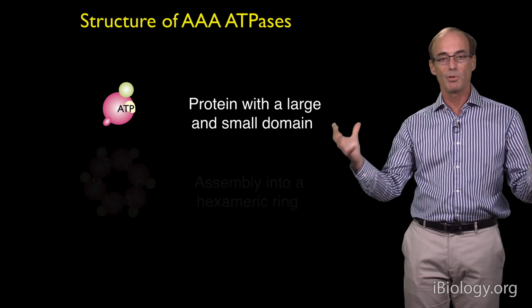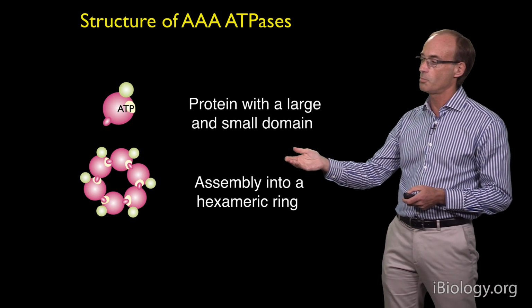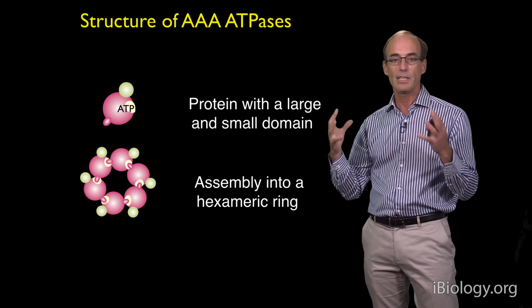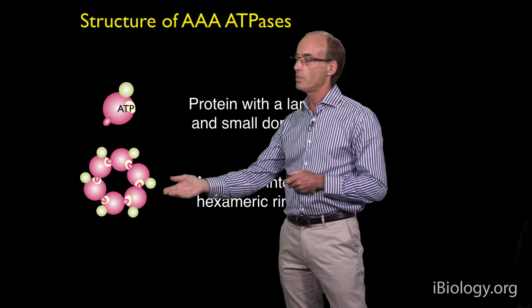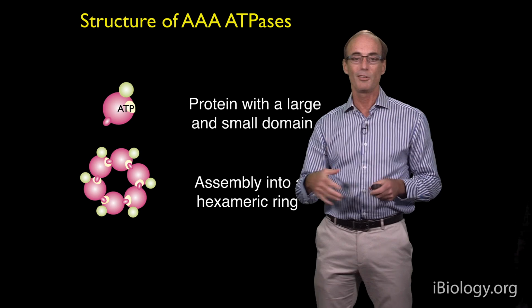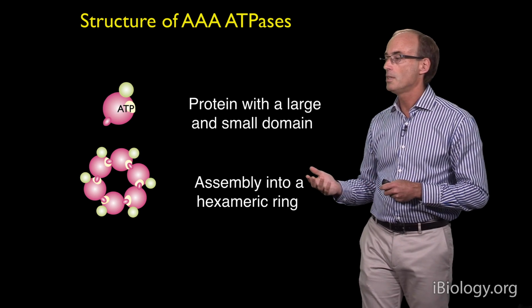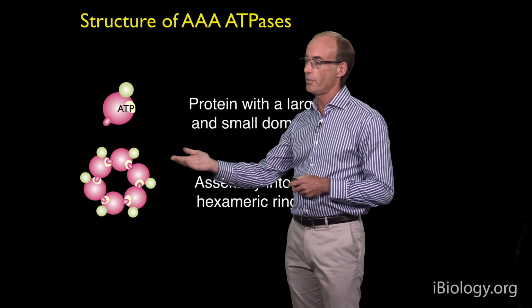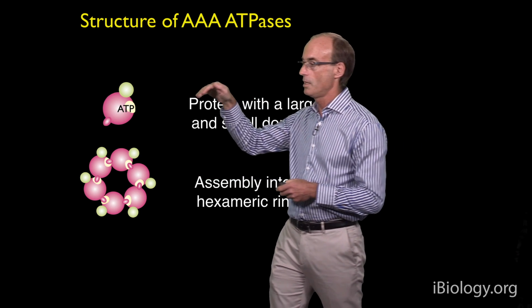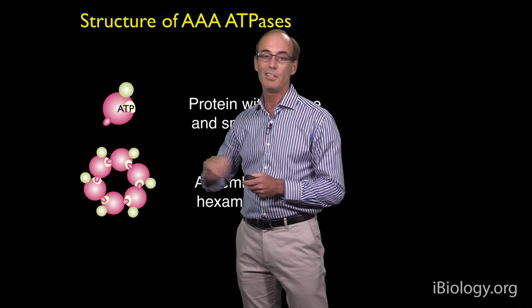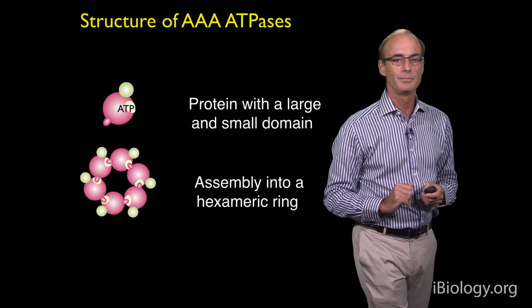They self-assemble, oligomerize into a hexamer, and it's this hexamer that's the active agent. And in fact, adjacent subunits help one another to hydrolyze the ATP. And in the last example, this ring-like structure is what actually unfolds the polypeptide and stuffs the polypeptide into this chamber that you see here.